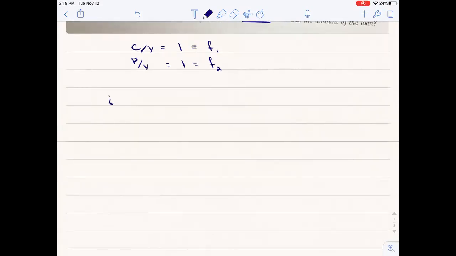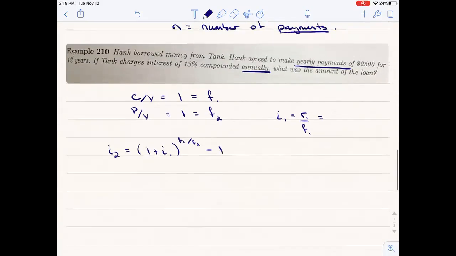And so for I2, remember, it is 1 plus I1 to the power of F1 over F2 and then minus 1. I1 is R over, we can call it R1 over F1. We have 13% compounded annually.